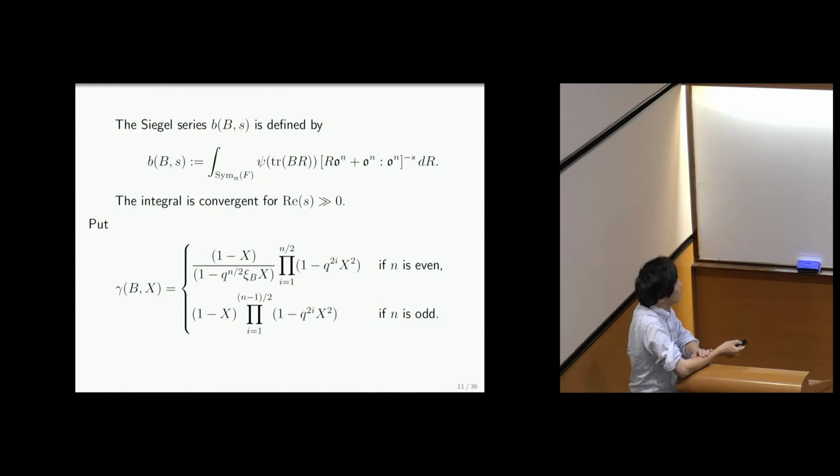And if n is odd, it is (1 minus X) times the product for i equal 1 to (n minus 1) over 2 of (1 minus q to the 2i times X squared). Note that the factor 1 minus q to the n over 2 times xi B times X is always a factor of this, so this is actually a polynomial.